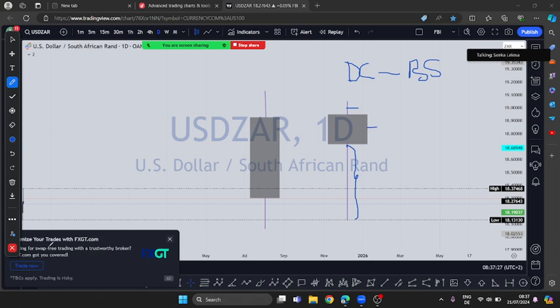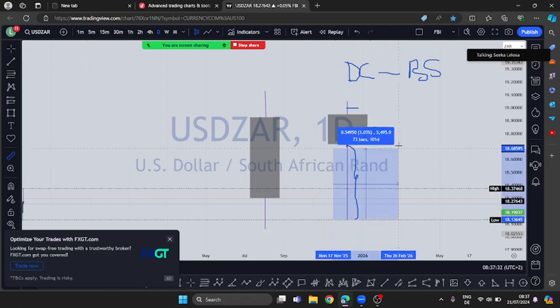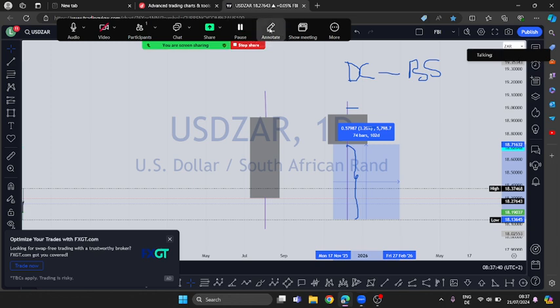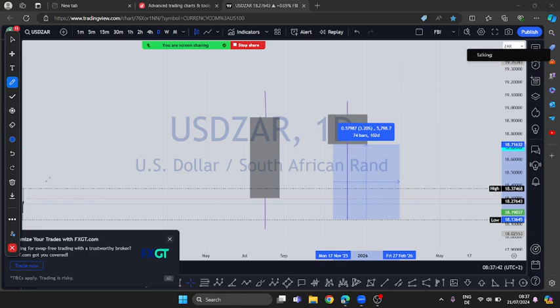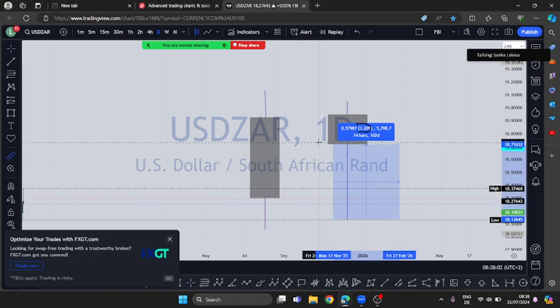Okay, so let's just measure the length of the wick. The length of the wick here is 3.2, right? So let's measure the length of the body.